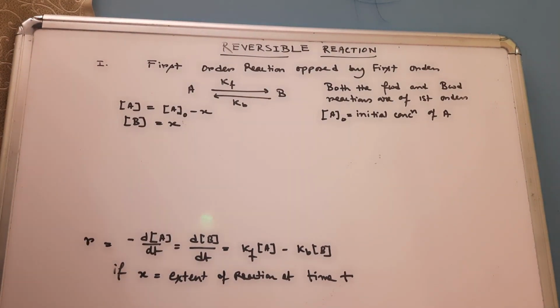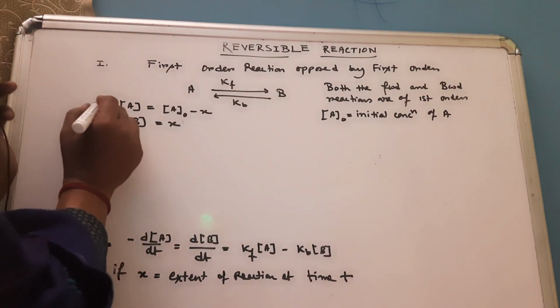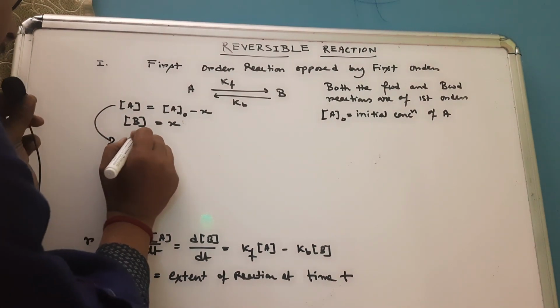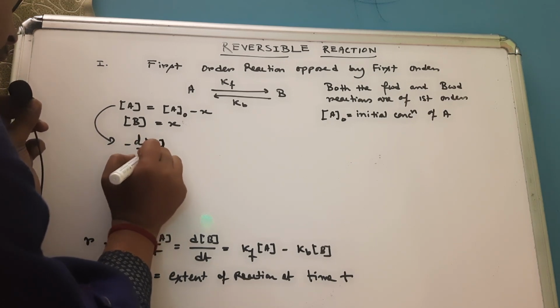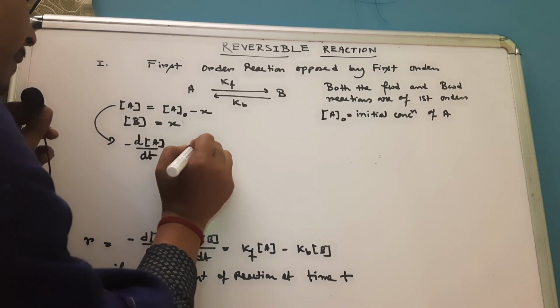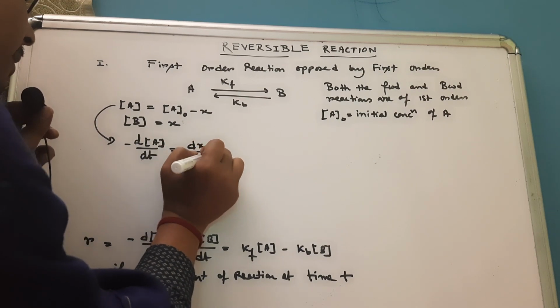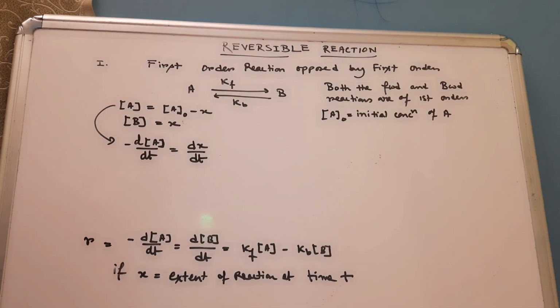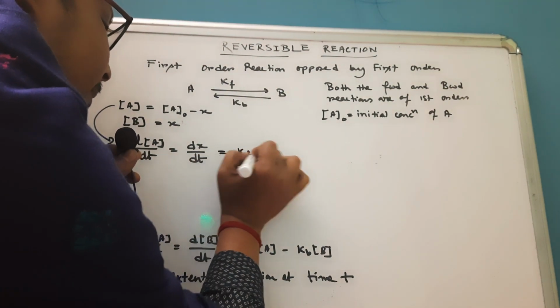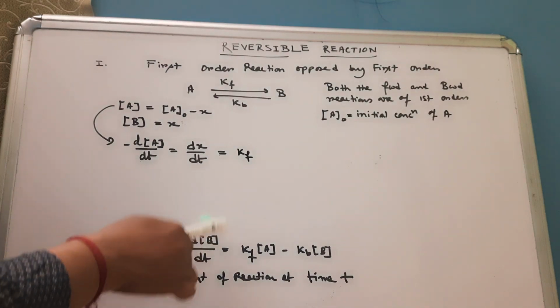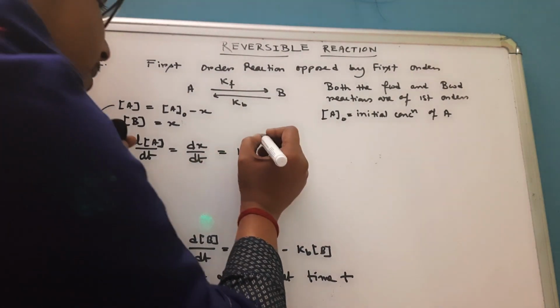So if we take the derivative of A with respect to time, it becomes dx by dt. Okay, so it gives Kf, and compare these two equations.